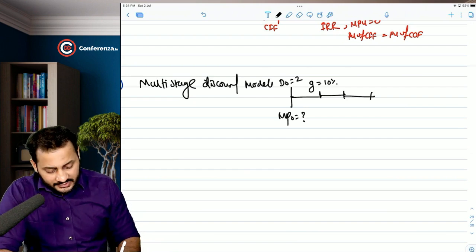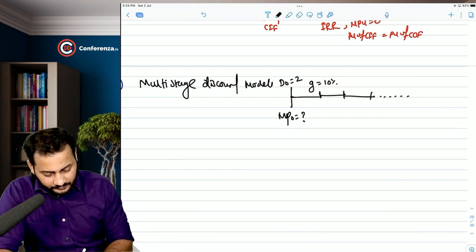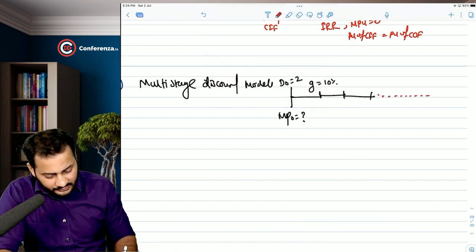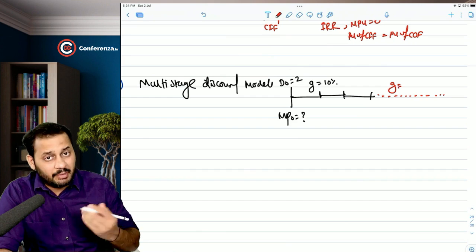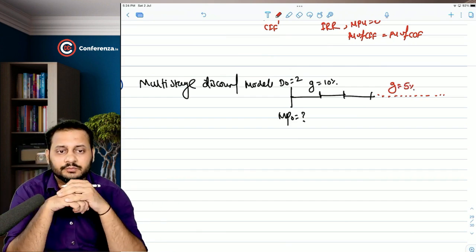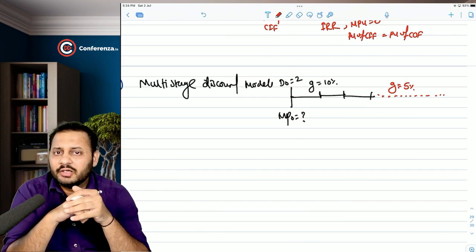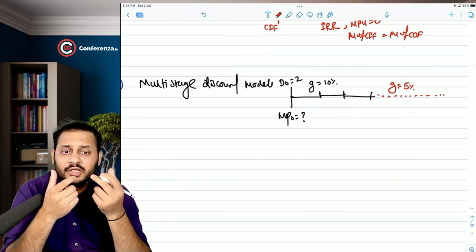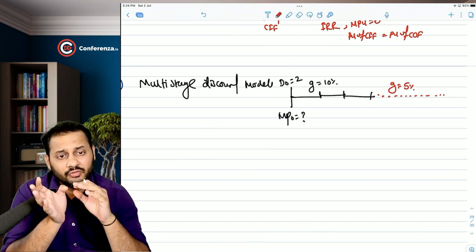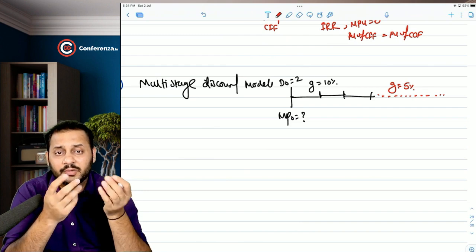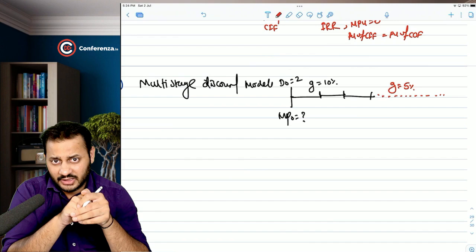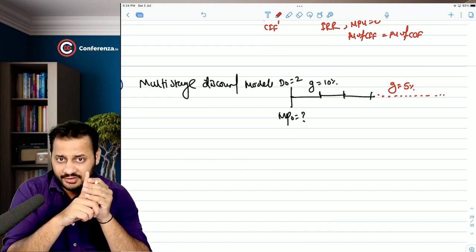But then the question says that after 3 years, the growth rate will stabilize perpetually at 5%. Means the time is not limited. The growth has been divided into two different phases. For the first 3 years it is 10%, and for the rest of the years it is 5%. So the moment from where the perpetuity starts is third year end.